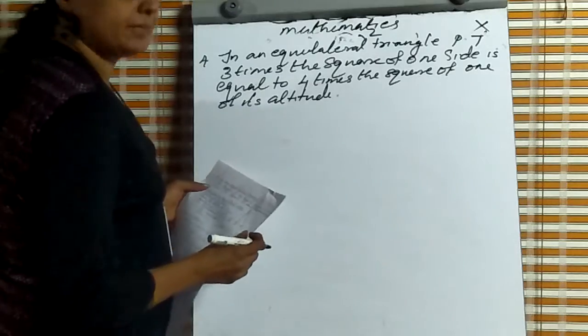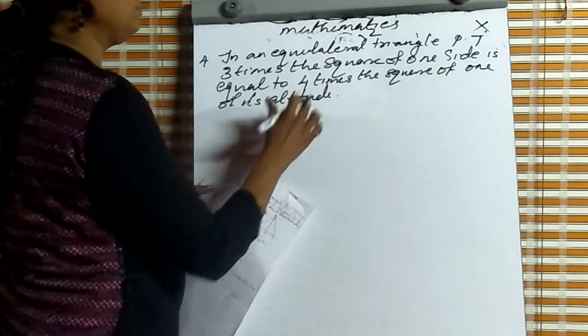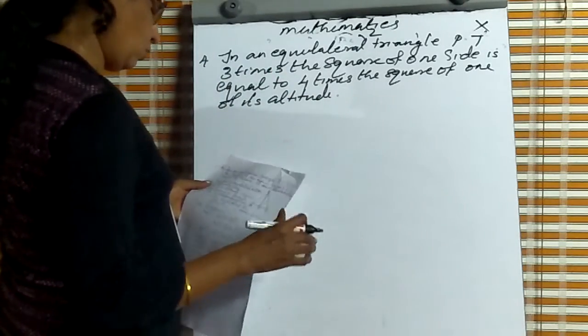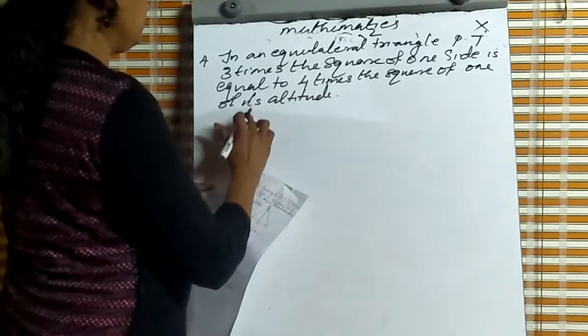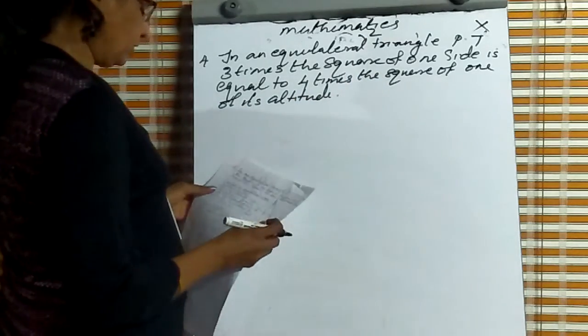In an equilateral triangle, 3 times the square of one side is equal to 4 times the square of one of its altitudes.